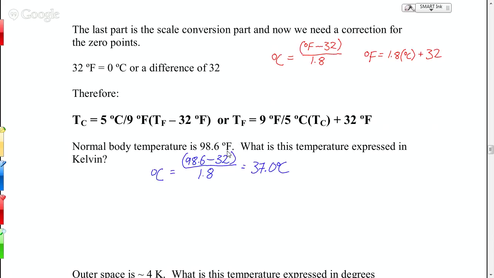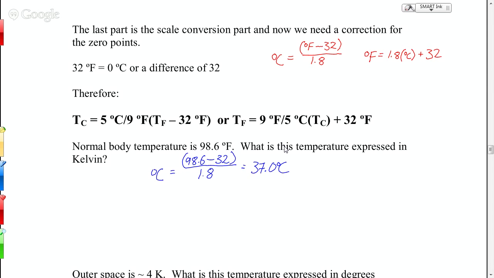This is a common mistake. You can't just type in your calculator 98.6 minus 32 divided by 1.8, because order of operations tells you we have to do division first. That means it'll divide 32 by 1.8 and then subtract that whole number from 98.6, and you'll get the wrong thing. You gotta do the subtraction first and then divide.